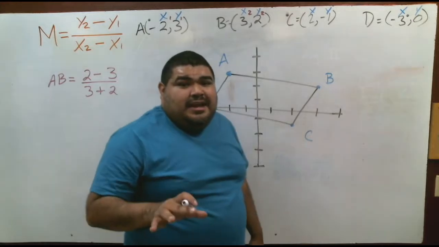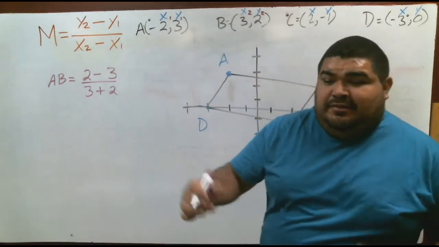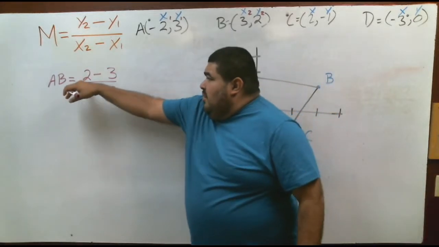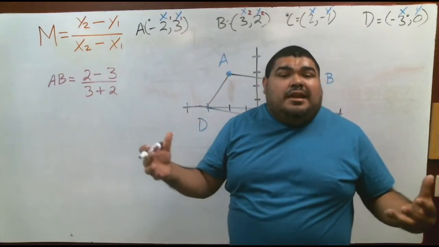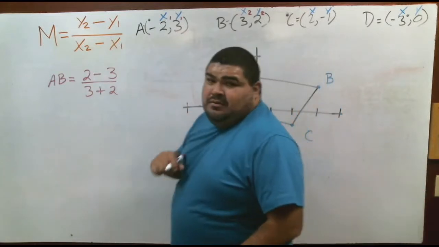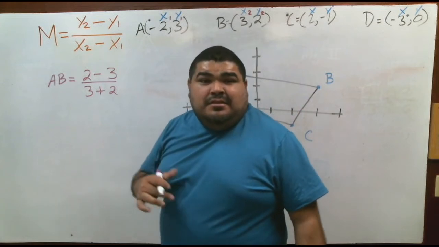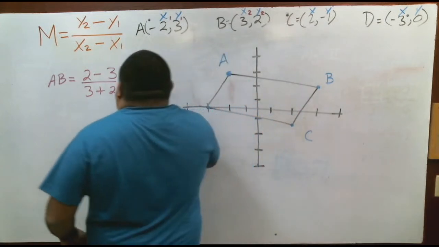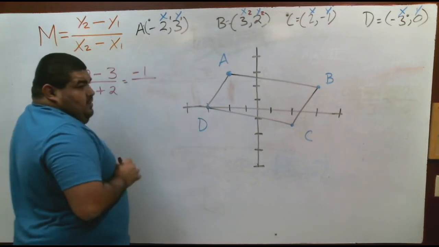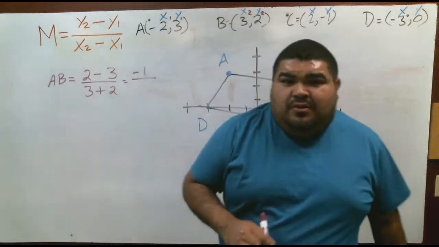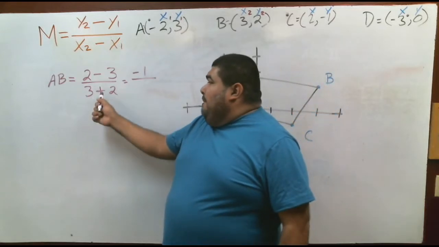Now that we have that, we're going to actually solve it. We have 2 minus 3, which is negative 1, right? Because the bigger number is negative. In this case, it's 3. So equals negative 1 over 3 plus 2.